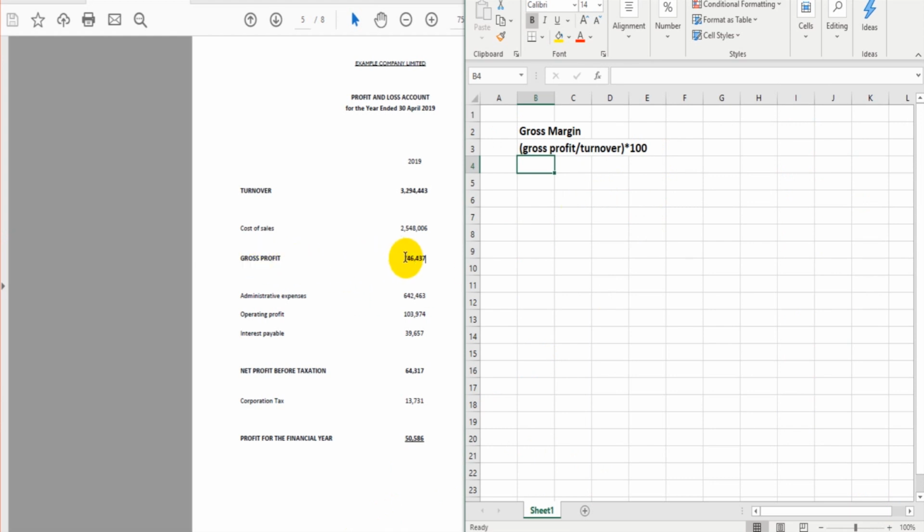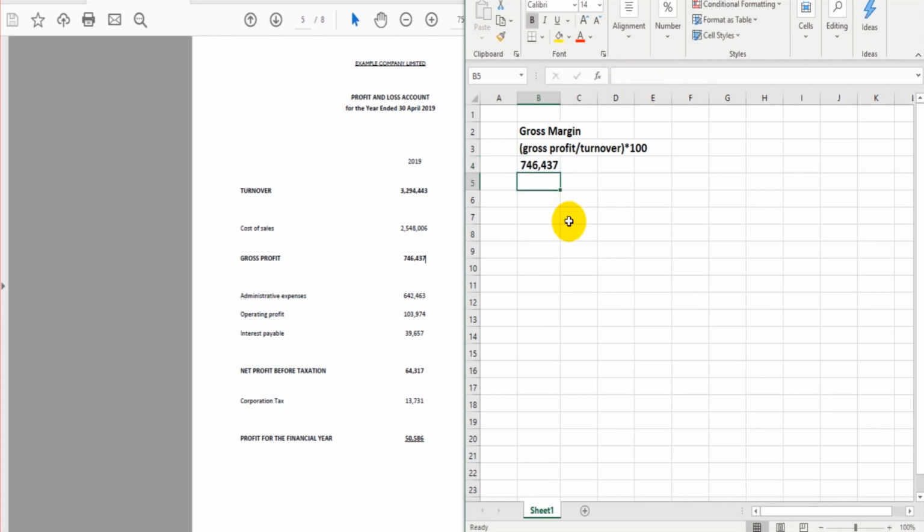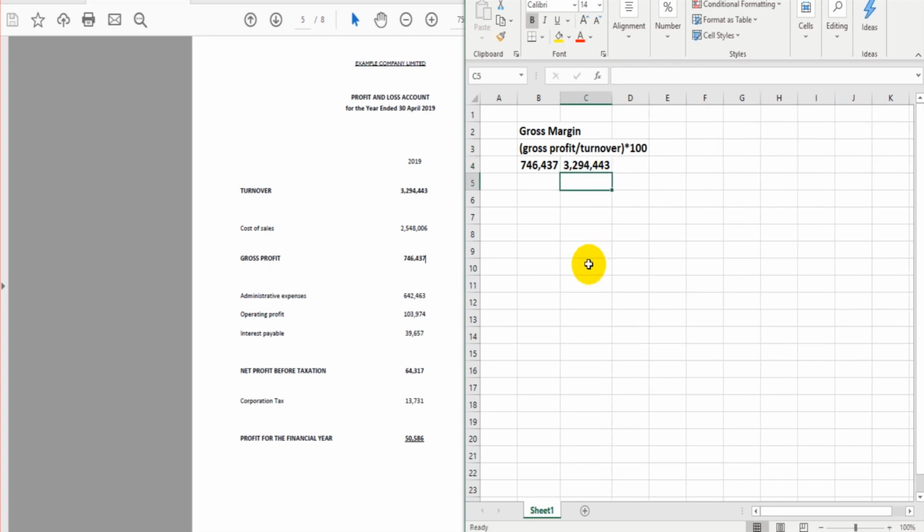So our gross profit is 746,437. Let's put a comma in there just to make that a bit clearer. We want to divide that by the turnover, which is 3,294,443. Once again, let's put some commas in here, and then we want to times by 100.